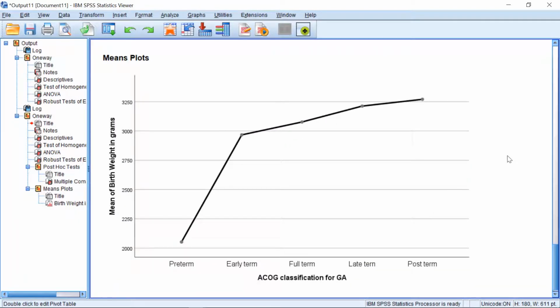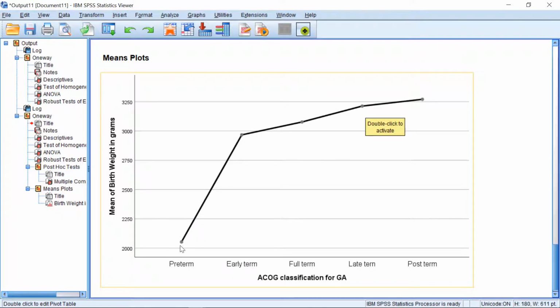As I mentioned, we have 4 groups that are not significant, where 3 of them are related to post term. As we can visualize here, the difference is less than 200 or 250 grams, so it makes sense, while the preterm and the other groups have a huge difference in mean.